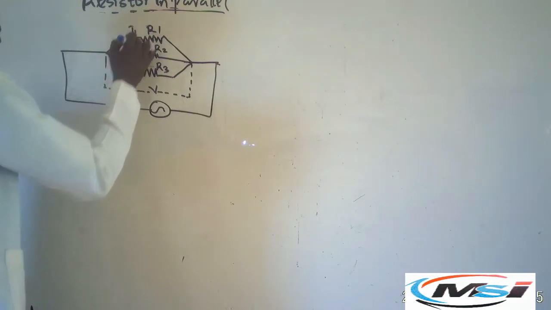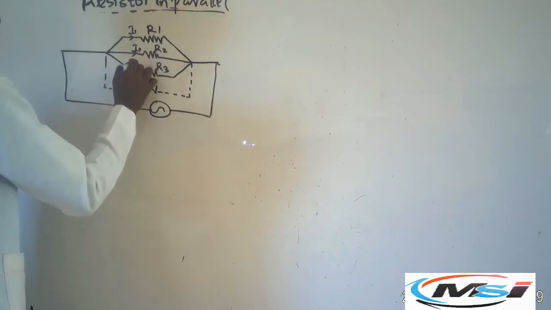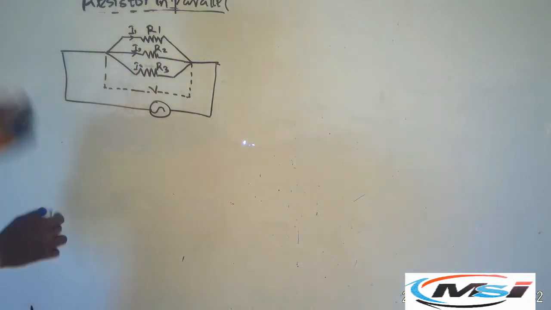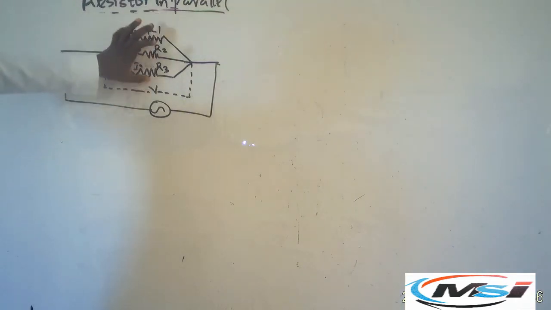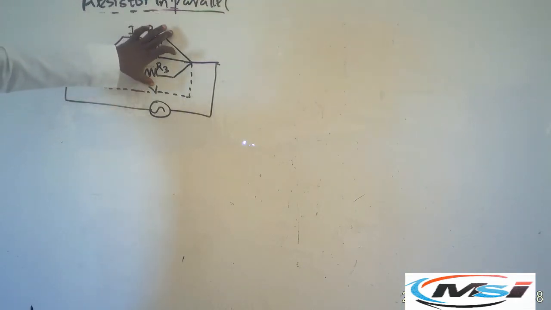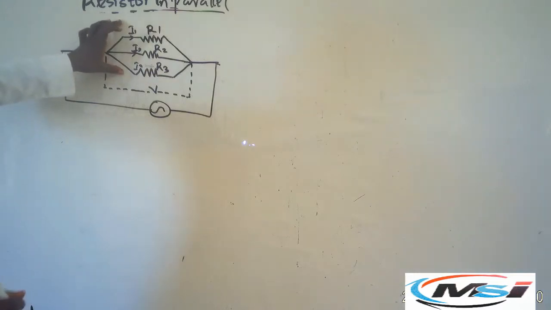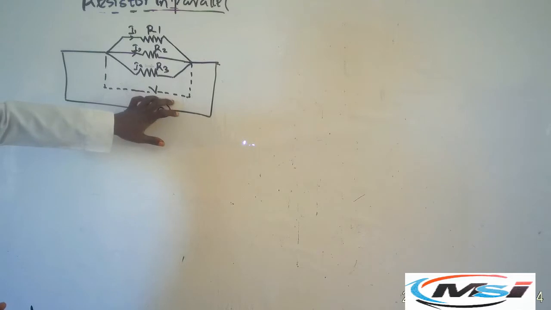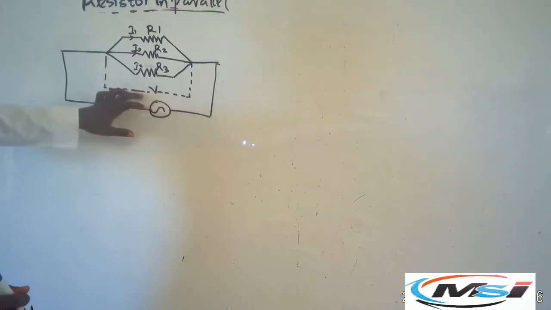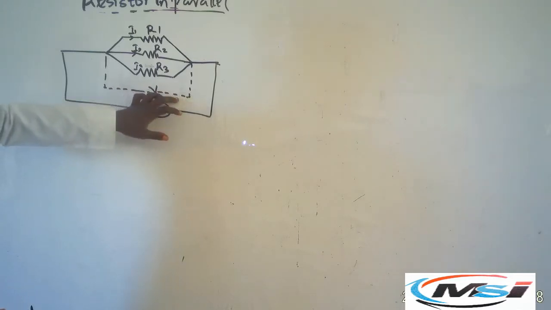The current through I1, I2, and I3. Different current flows through these resistors because they are connected in parallel, but they have common voltage, which can also be called the same voltage.